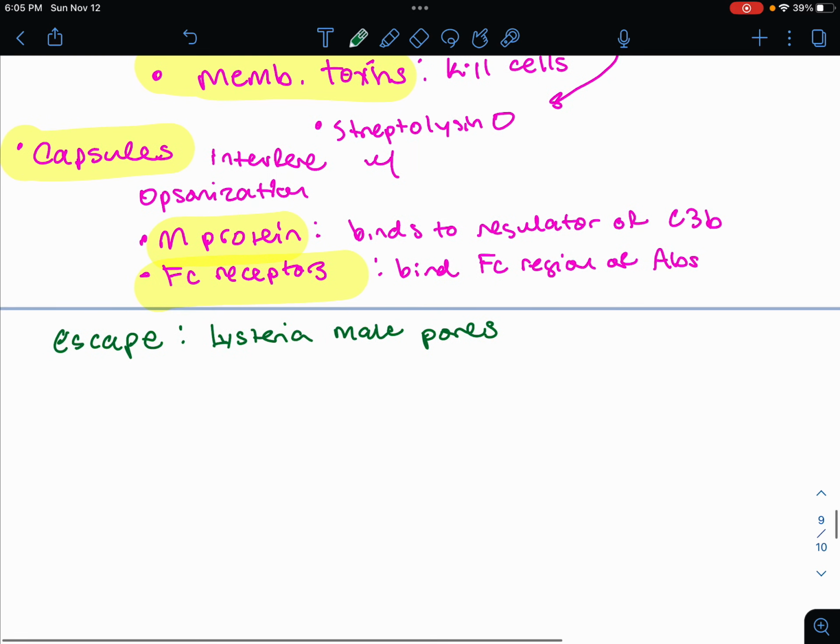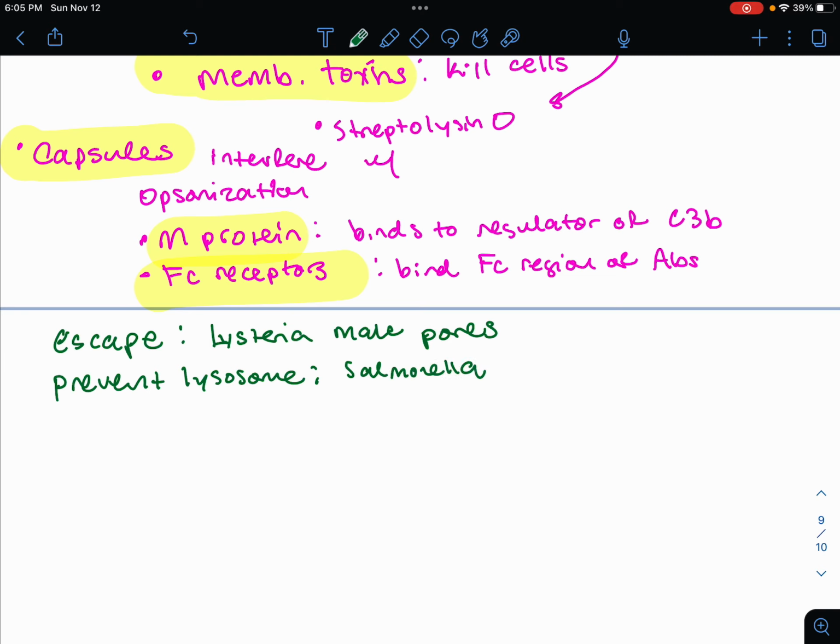Prevention of the phagosome-lysosome fusion. A species that will be doing this would be Salmonella. And they're able to sense ingestion by macrophage and they block it via a protein.